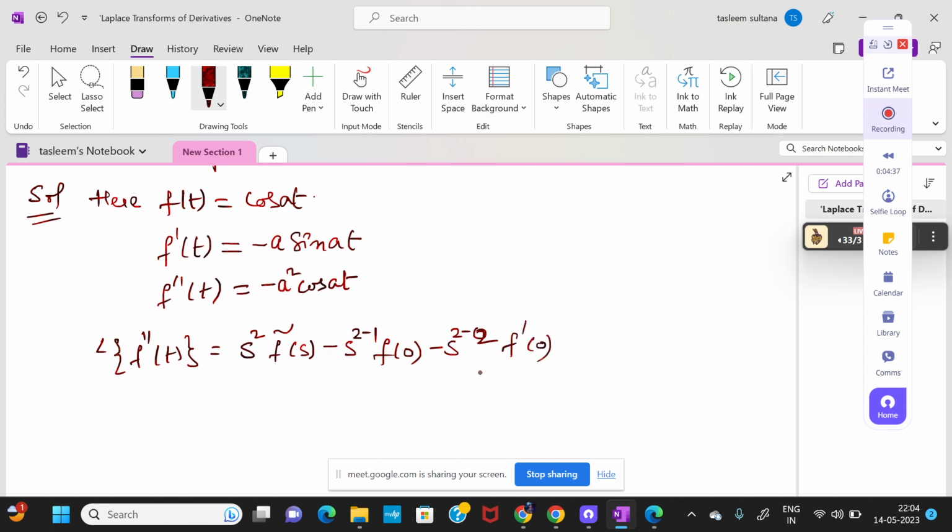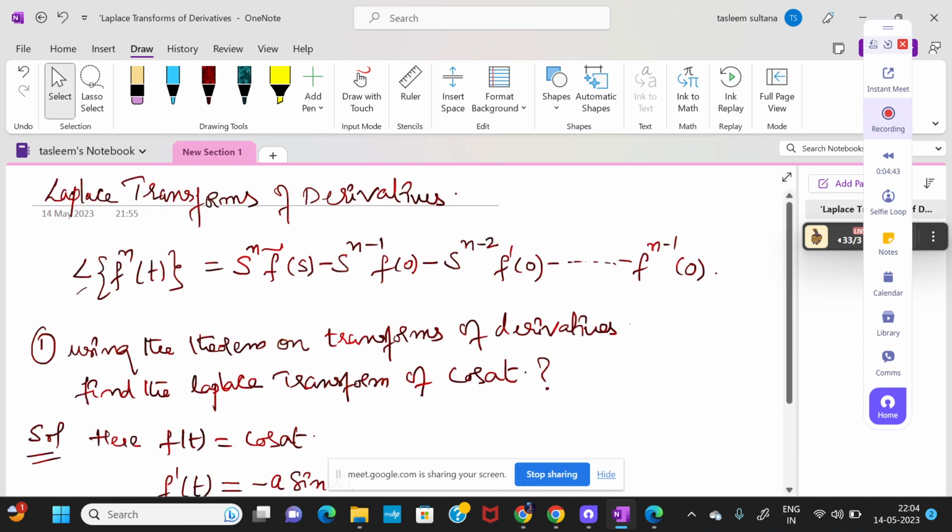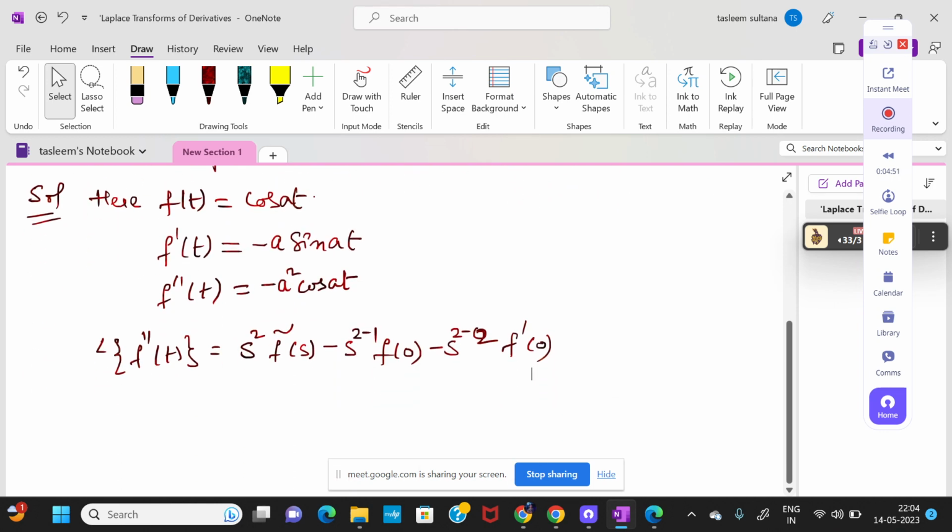The remaining terms we are going to ignore, because I have given you in general up to f to the power of n minus 1. When you substitute 2 minus 2, it's going to be 0. So till 2 only I am writing, the remaining I am ignoring.